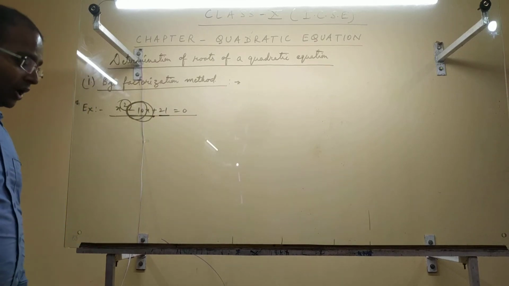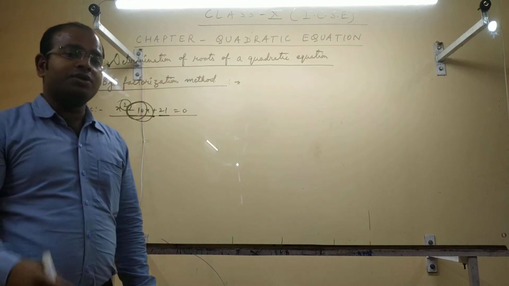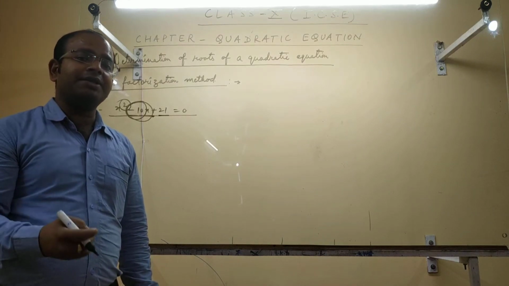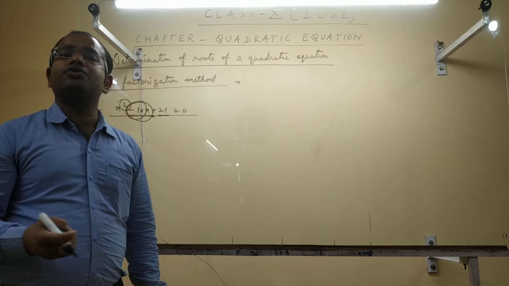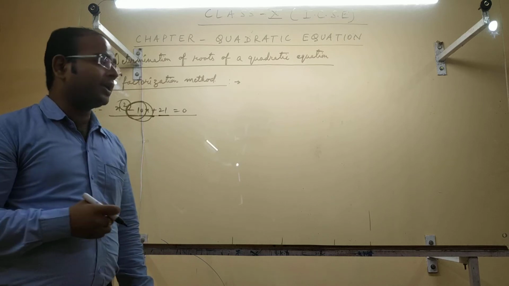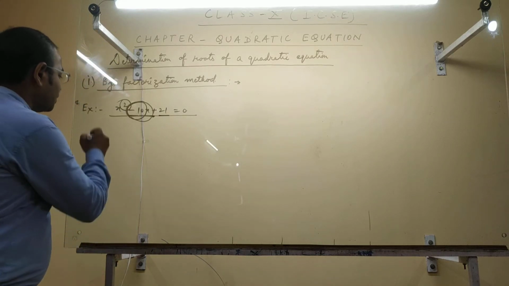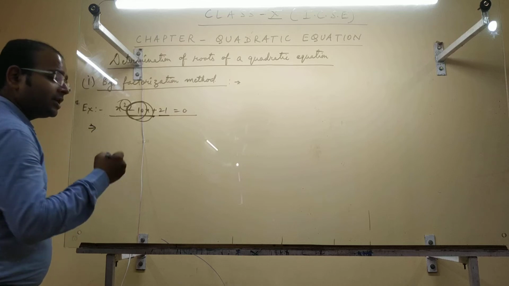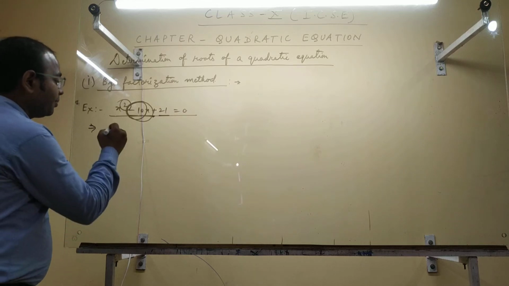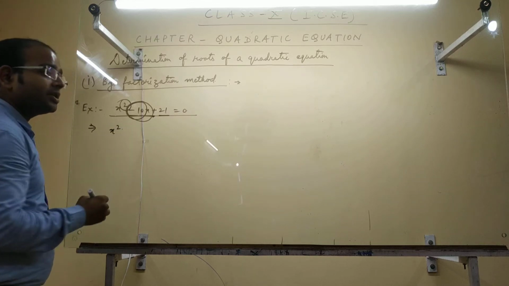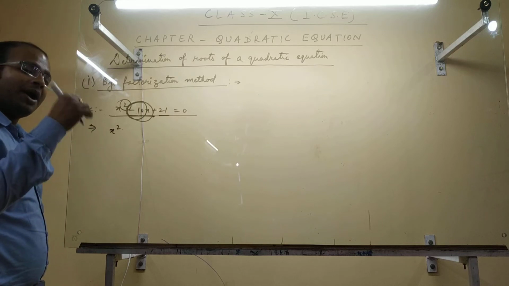So what are the two numbers whose sum or difference is -10 and whose product is 21? I think 7 and 3 are the two terms. Actually it is -7 and -3, because we have to get the sum or difference equal to -10.